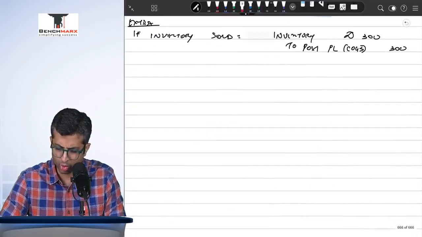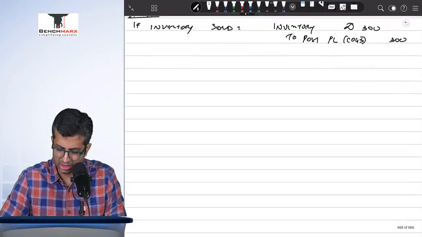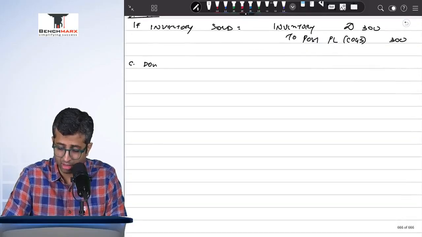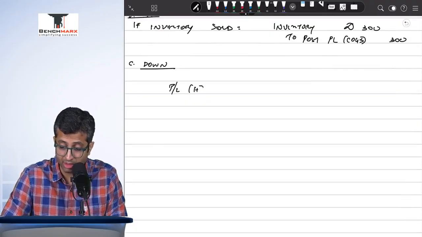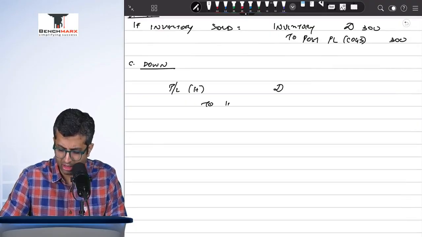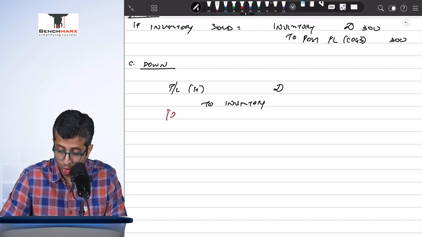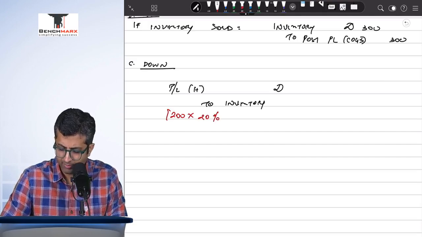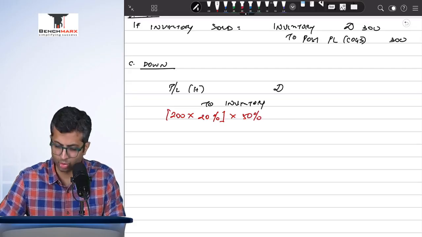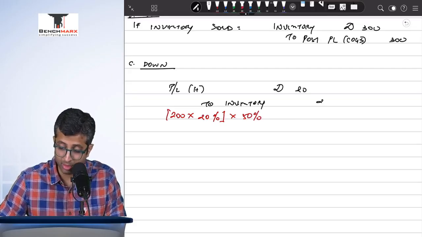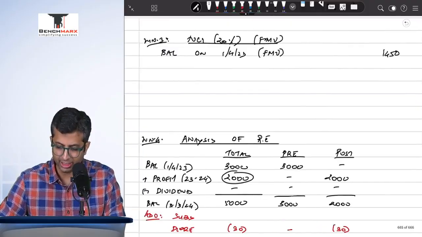Now, if you want to pass an entry, to be honest, this is not required. But if you have to find the underlying profit on downstream transaction, the profit is in the books of H, and I will credit the inventories. The profit over here will be 200, which is the selling price to H, into directly 20%. However, the entire profit need not be eliminated, as only 50% of the goods are remaining unsold, and hence your entry will be passed for 20.